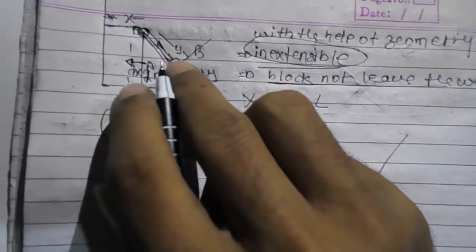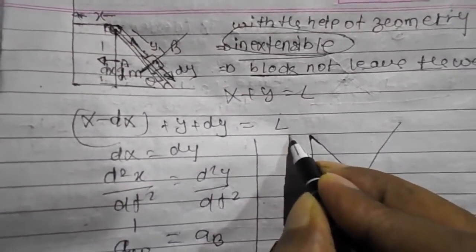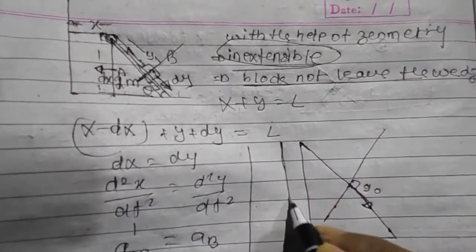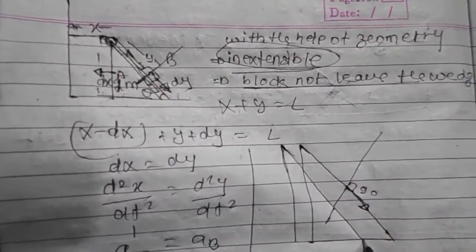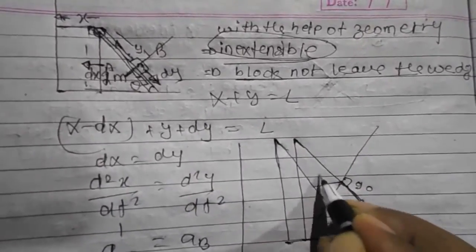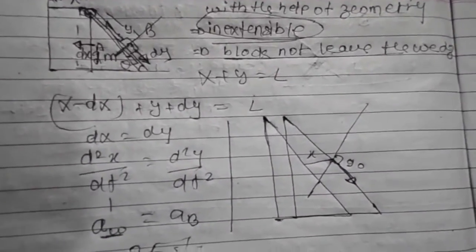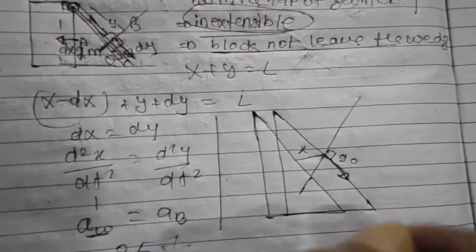What I had said is that this block B is not going to leave this wedge. So let's suppose after some time this wedge has moved by amount x. So where should this block be? In this perpendicular axis, what should be the position of this block?